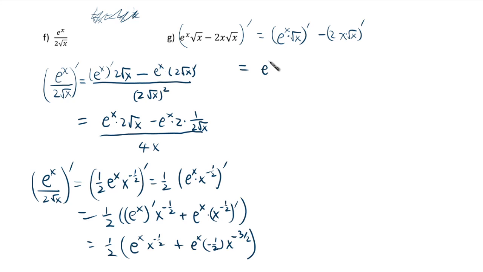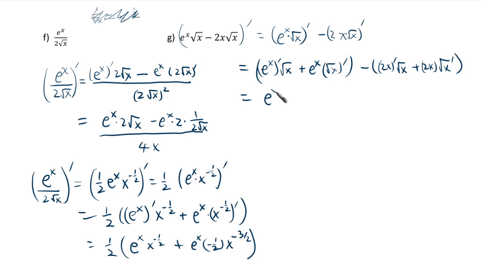So product rule: differentiate the first, keep the second, plus keep the first, differentiate the second, minus differentiate the first, keep the second, plus keep the first, and then differentiate the second. e to the x differentiates to e to the x. Square root of x differentiates to 1/2 radical x. 2x differentiates to 2.